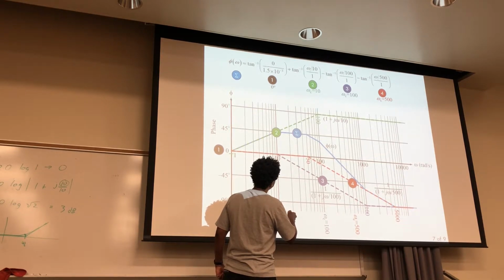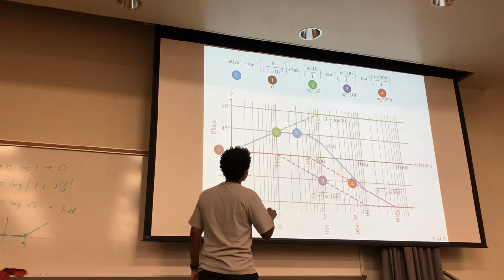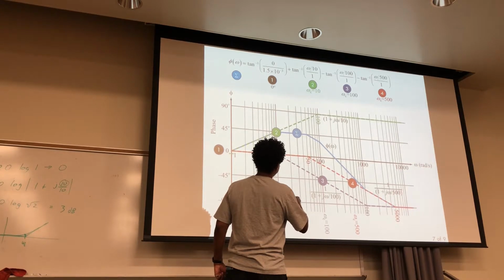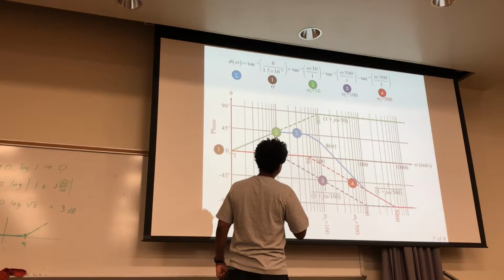That starts right here. And then from this part right here, this one goes to 90. So this component of slope goes away. And then these two dominate. So that's why the slope changes right here.